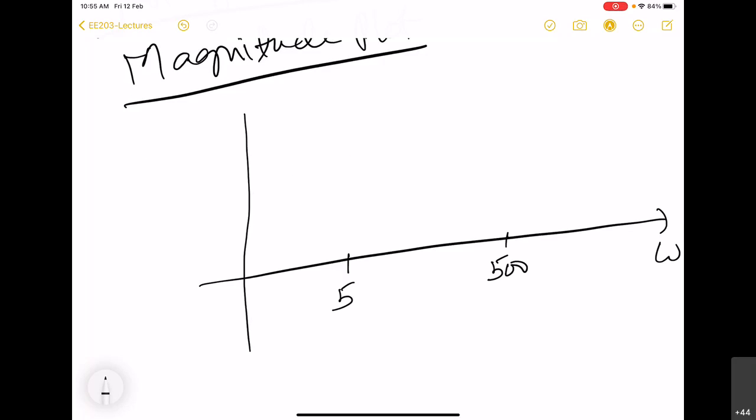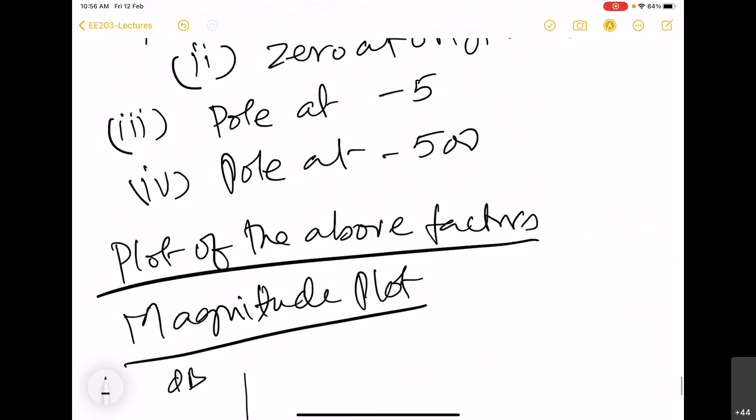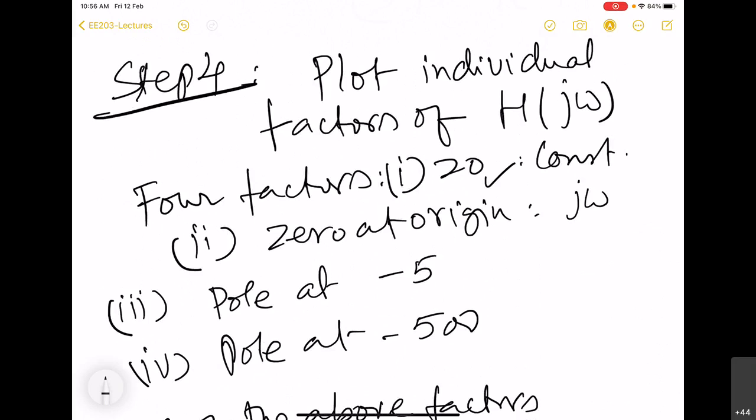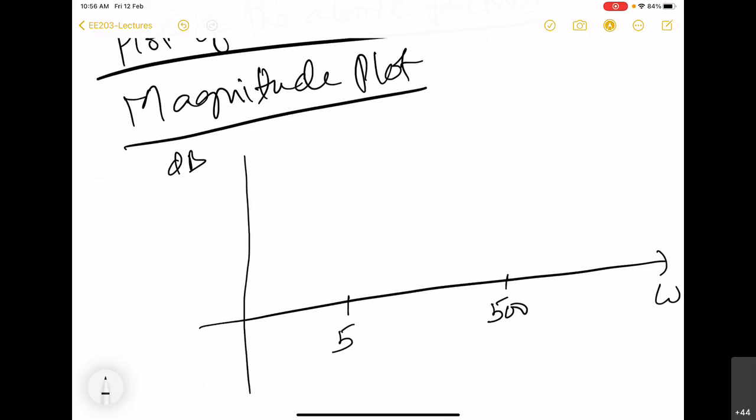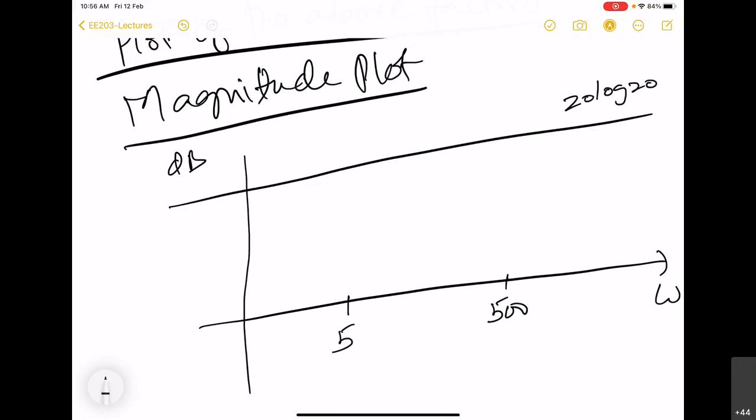And keep in mind, although those poles, they are negative, we do not show those things on the x-axis. We continue to show the positive frequencies here. Their effect, as was pointed out, will be visible on the phase plot. Right. So we are going to plot individual factors here. Right. So first is this constant here. So this constant will give rise to a horizontal line like this with value 20 log 20.